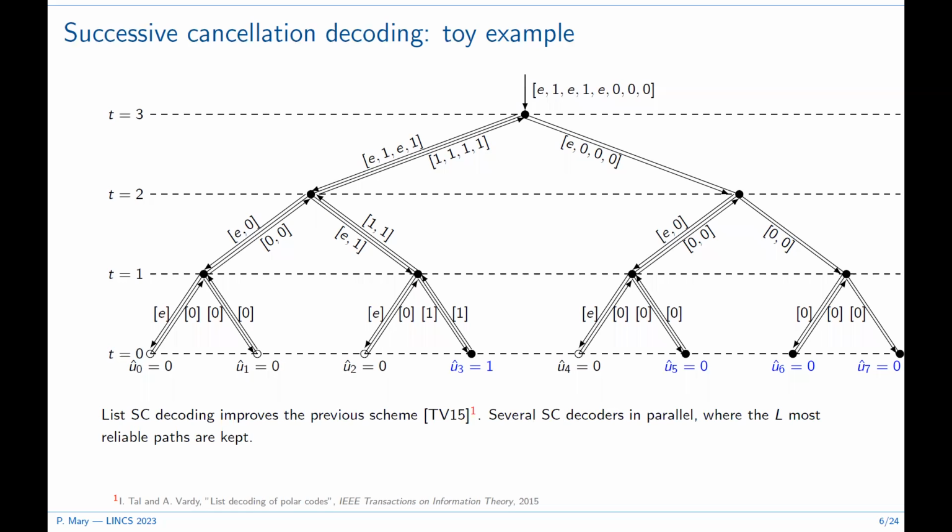So each time a leaf node is reached, the bit is estimated as both 1 and 0, doubling the number of codeword candidates. So we will have several paths. The idea is to keep the most reliable paths, using a metric to decide which codewords have the most probability to have been sent. And this performs relatively close to the maximum likelihood detector.